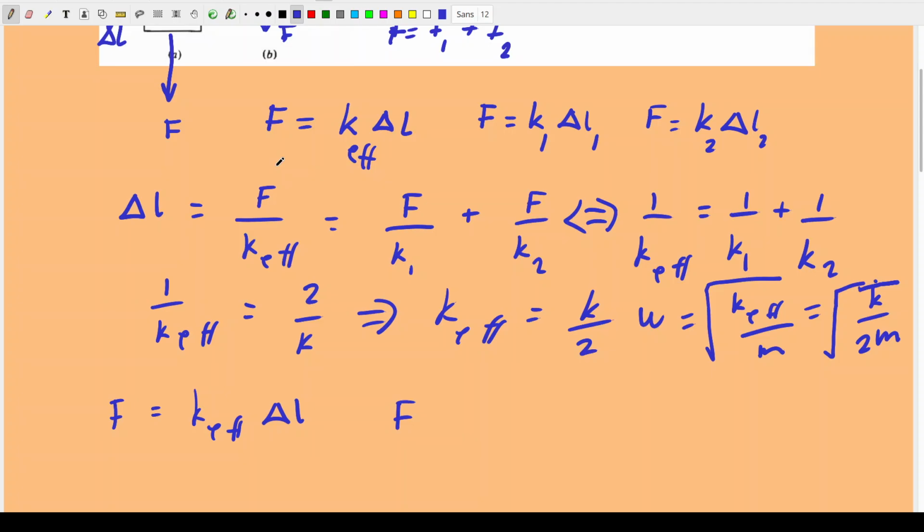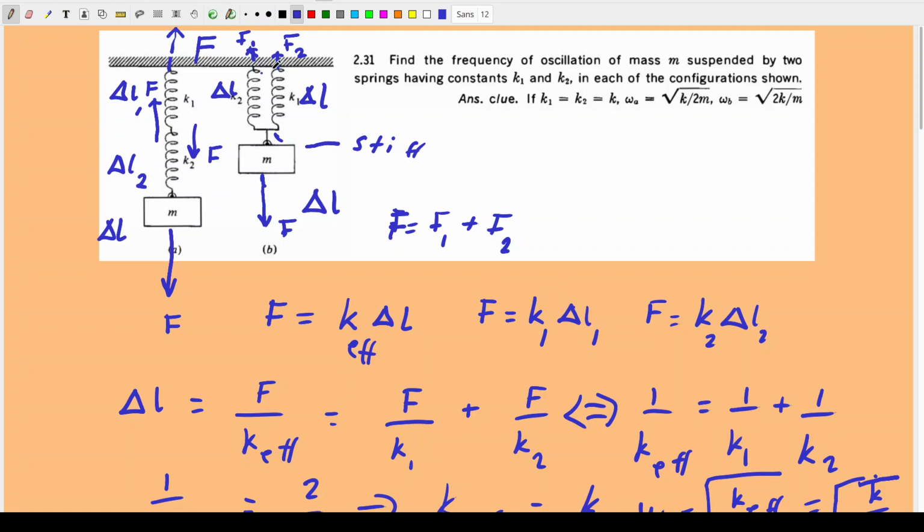Now you have here F1 equal k₁ delta L, and you have F2 equal k₂ delta L. So you see, you can have different forces here, but you have the same extension here and here.